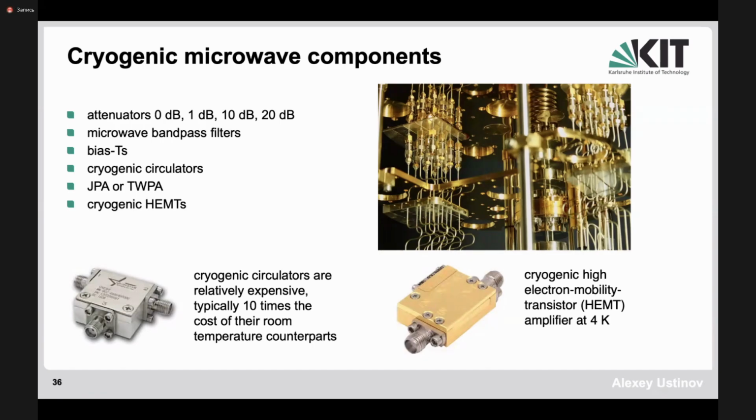So all this kind of Lego box to build a setup for measuring superconducting quantum bits is rather advanced and really requires a lot of knowledge about low temperature engineering and physics, and also in microwave electronics.